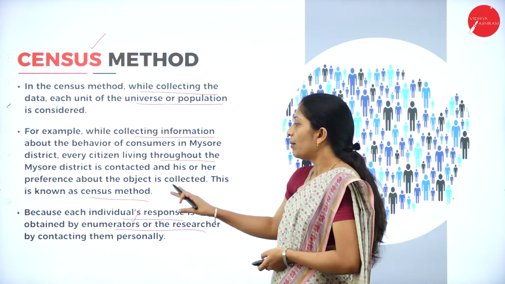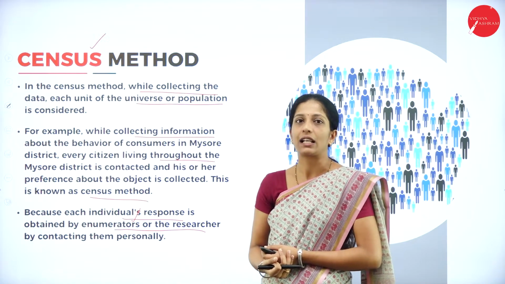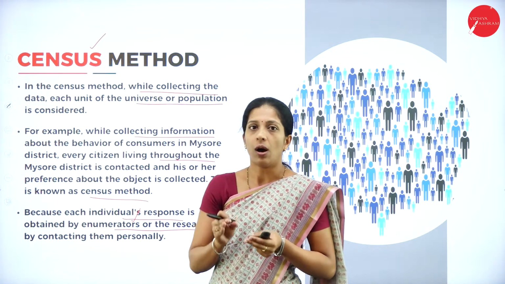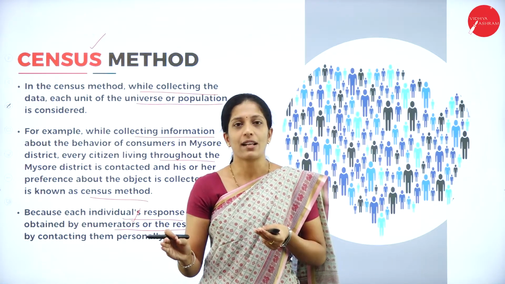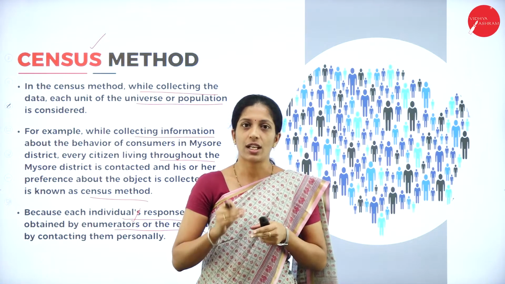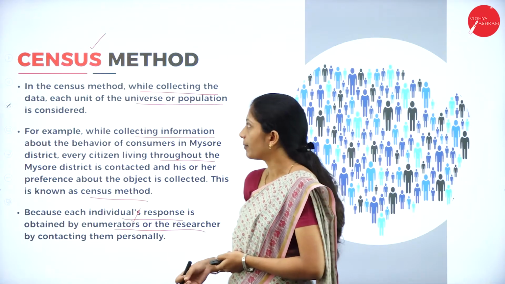Enumerators. Because each individual's response or opinion has to be collected, he himself can collect the information, or he will appoint enumerators, which means skilled persons, so that each individual's response can be obtained.